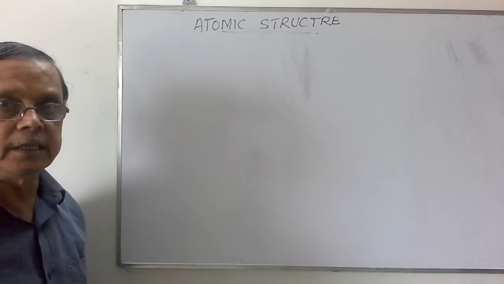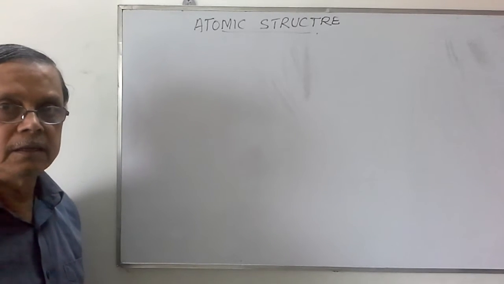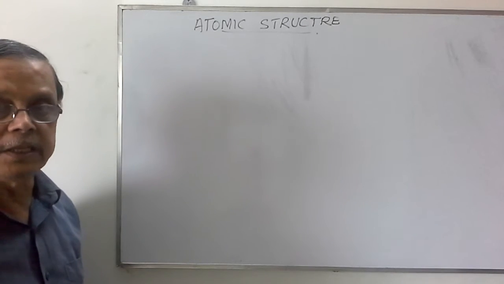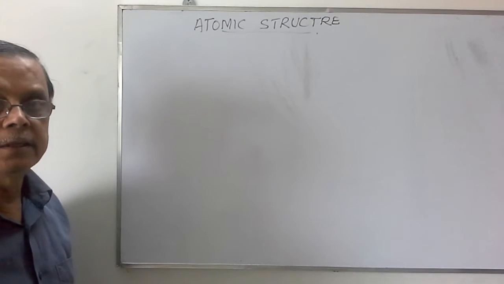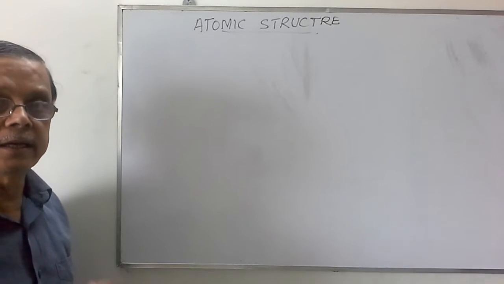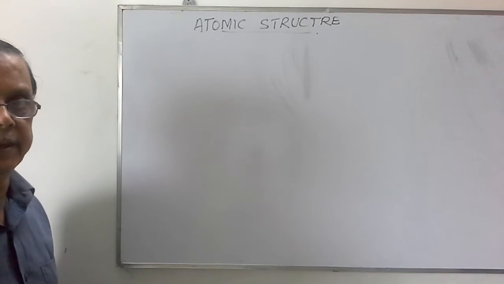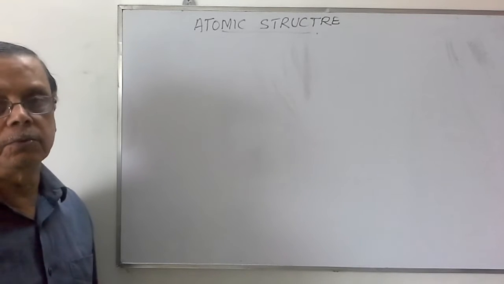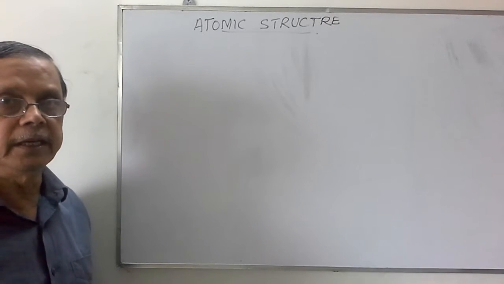So we have considered Thomson's model, but it does not explain the stability of the atom. So we have gone to Rutherford's model based on the alpha ray scattering experiment. But that also cannot explain the stability.